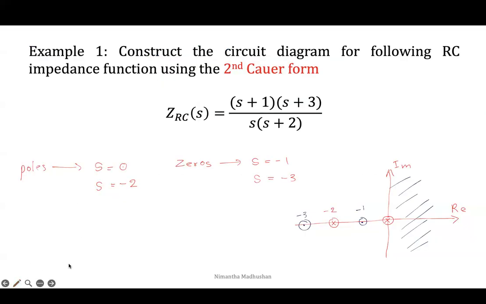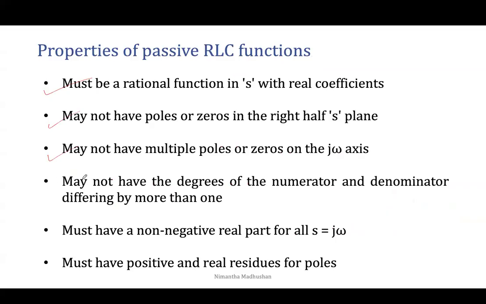The degree of the numerator is 2 and the degree of the denominator is 2. The difference is 0, which is less than 1. Then this condition is also satisfied.